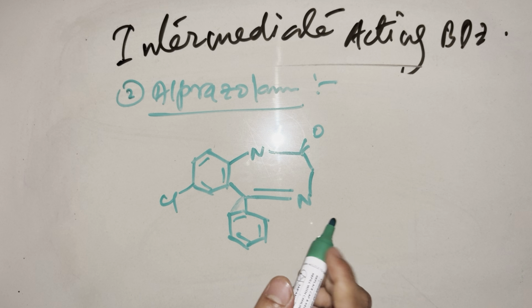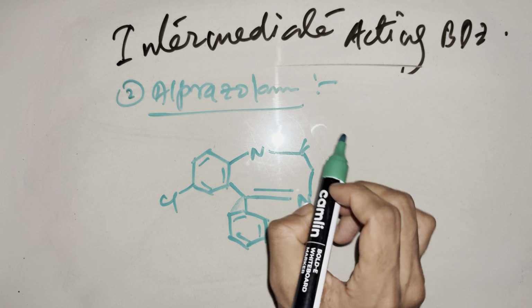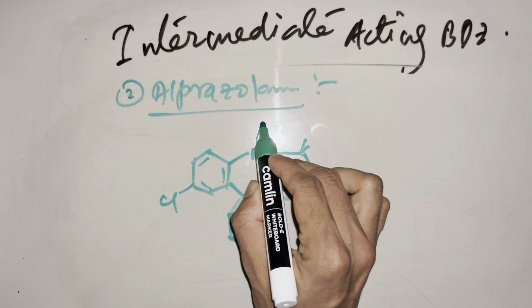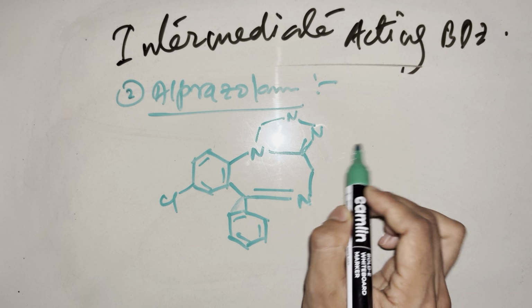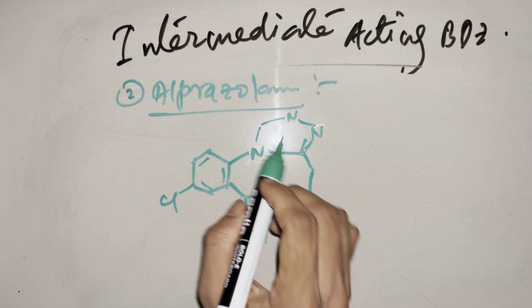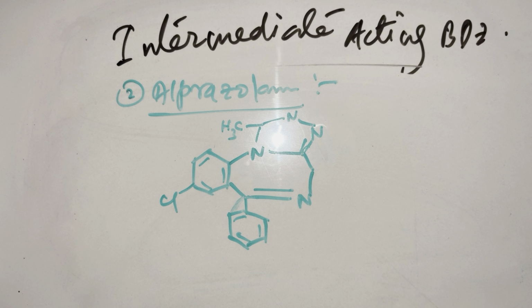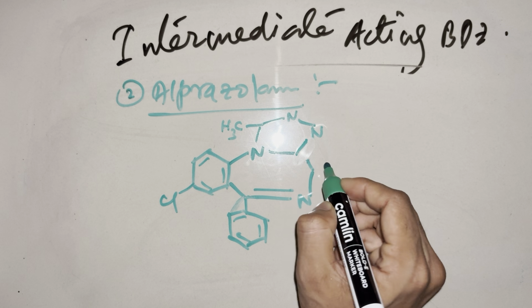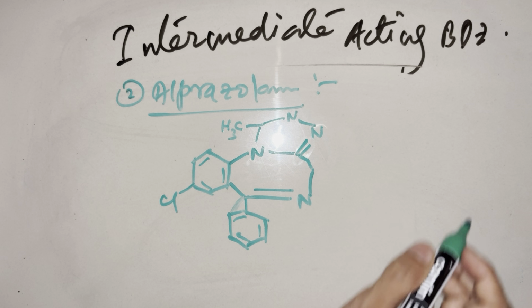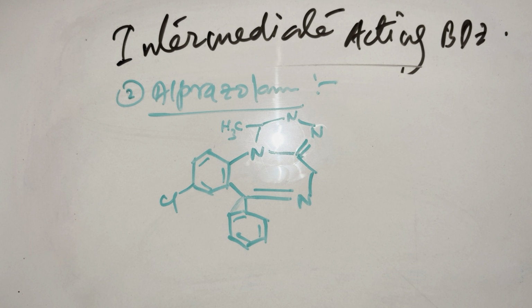But now, in this the double bond O will not be there. It will be replaced with one ring structure, that is 5-membered, and the name of that is triazole. Triazole means in this you will see three nitrogens will be present. Along with those 3 nitrogens, there will be a methyl group present.